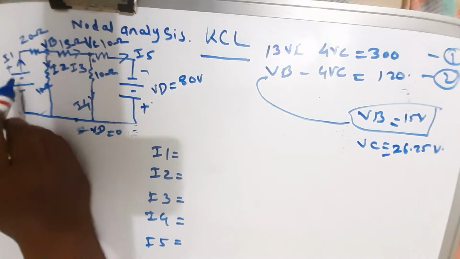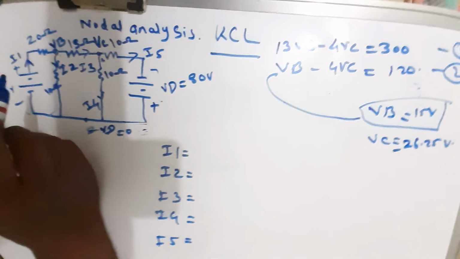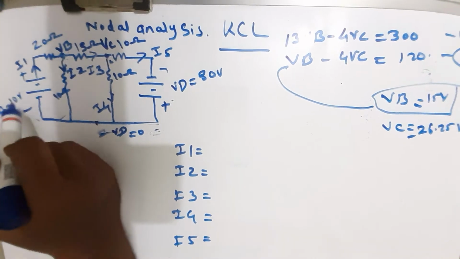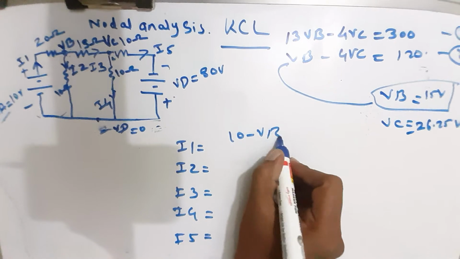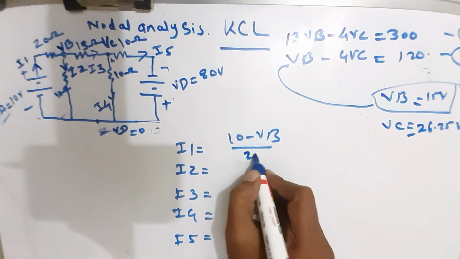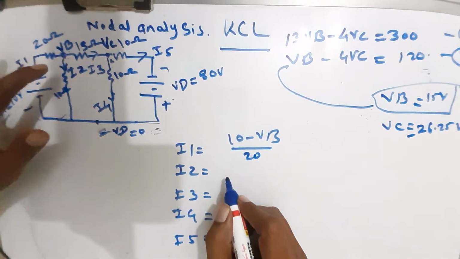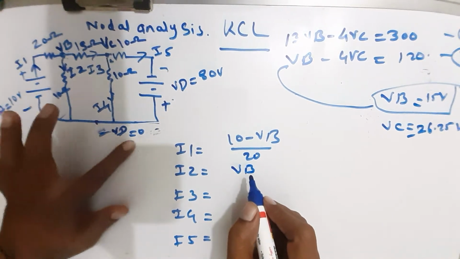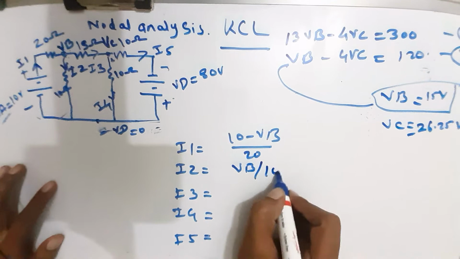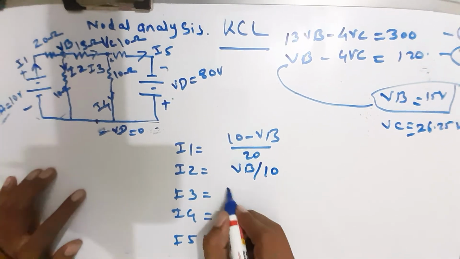So I1 starts from where, just check it. Here the I1 starts from 10 to VB. So here again we will write down 10 minus VB divided by 20. I2 is what? I2 is from VB minus VD. VD is 0, divided by 10. Again I will write I3 is what?